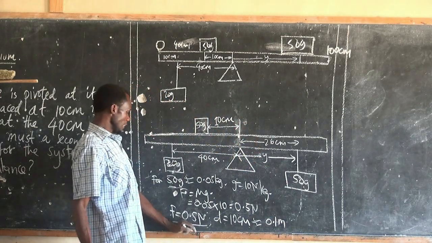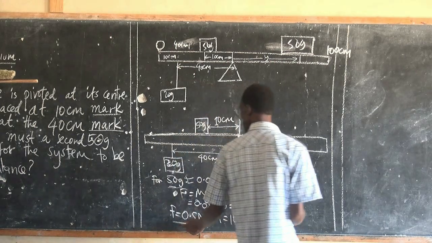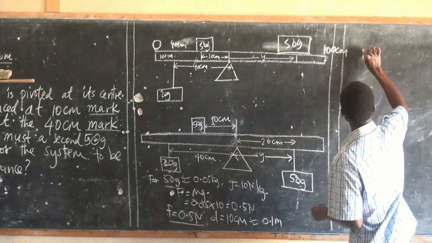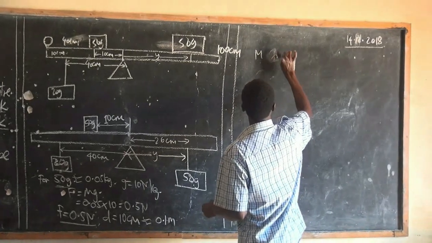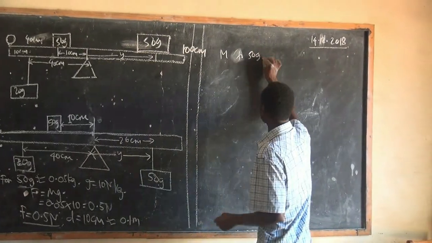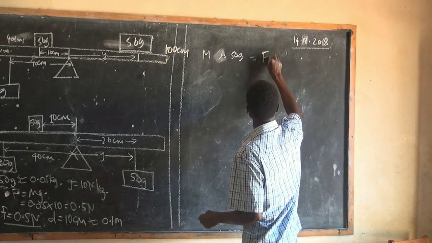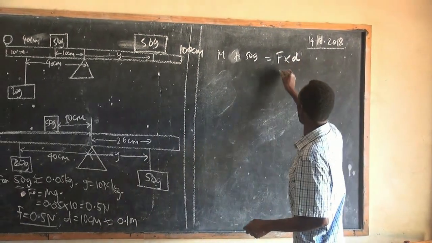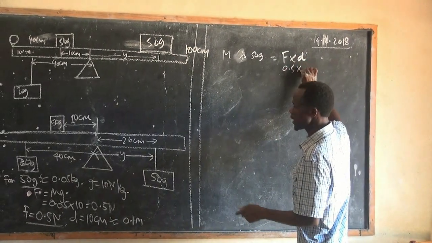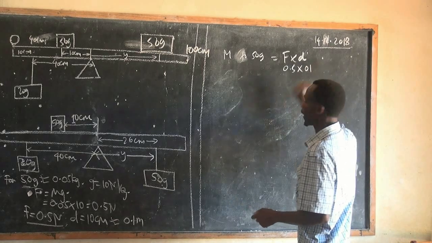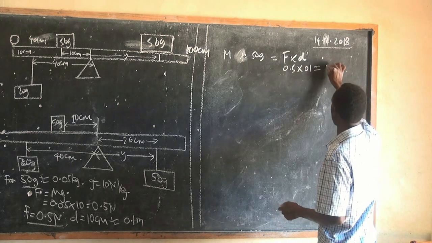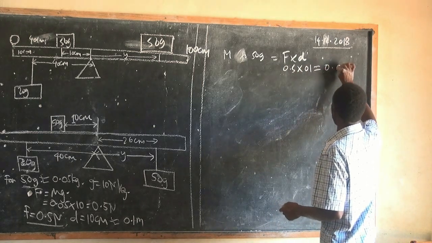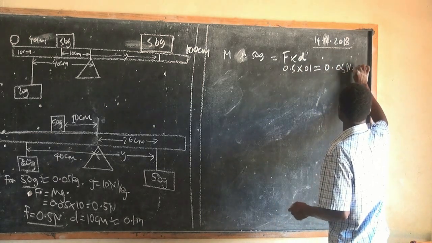Now the moment for 50 grams is given as force times distance. Force is 0.5, distance is 0.1. If you multiply them, force times distance, you get 0.05 Newton meter.